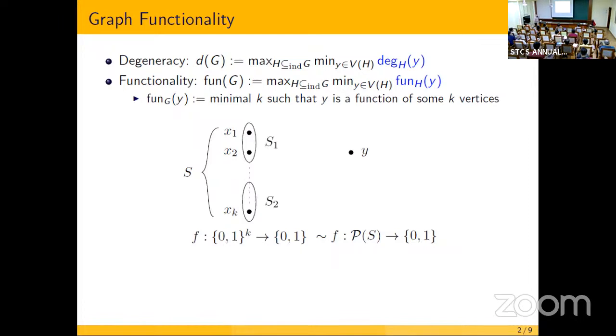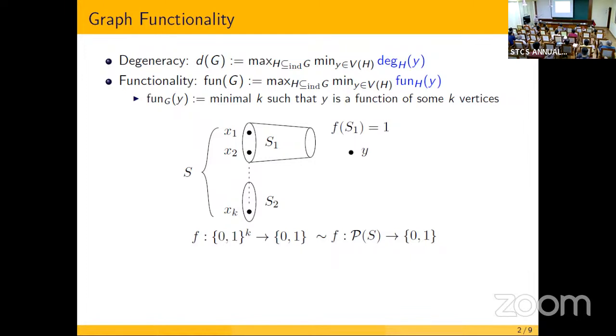If we take some subset S1 of S, and we take all vertices whose neighborhood in S is exactly S1, so they are connected to S1 and not connected anywhere else, then f is constant on these neighbors of S1.